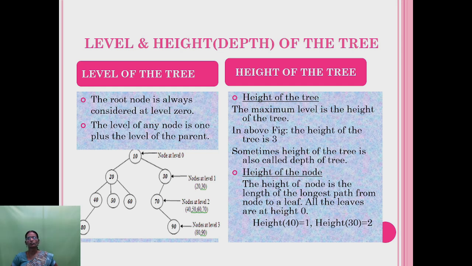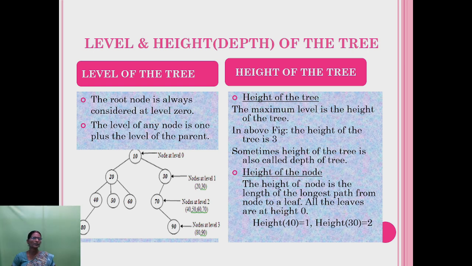How do we calculate the height of the tree? It is the longest path from the node to a leaf. That is the height of the node. All the leaves are at height 0. For example, look here. What is the height of 70? It is 1 because the node 90 is there. What is the height of 30? It is 90, 70 and then 30, so 2.